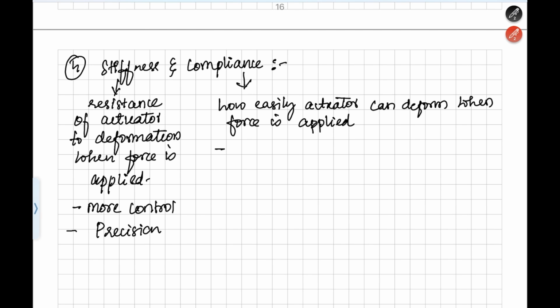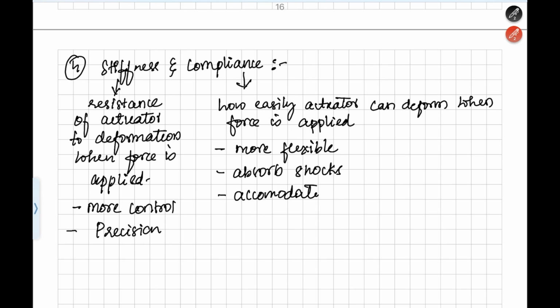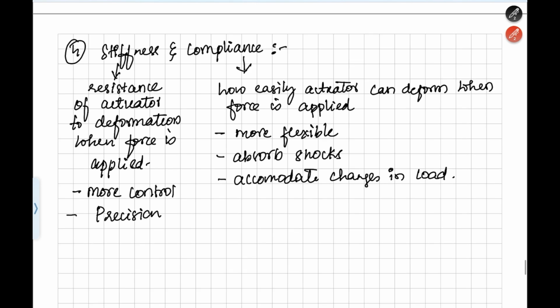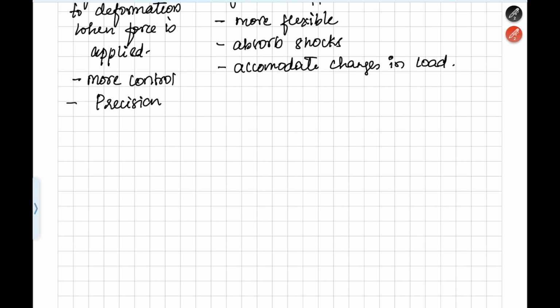Compliant systems are more flexible, and they can absorb shocks or accommodate changes in load easily.